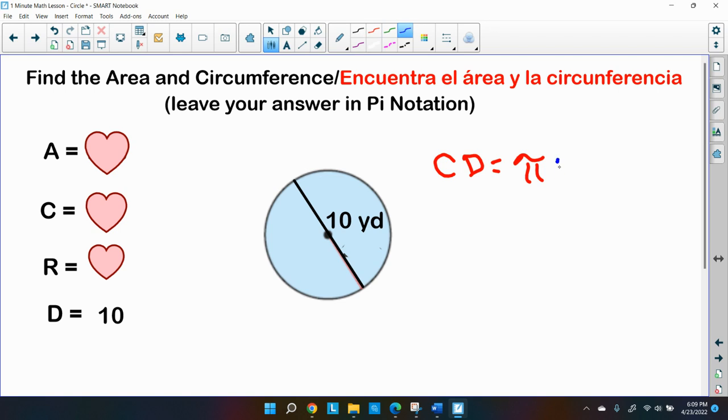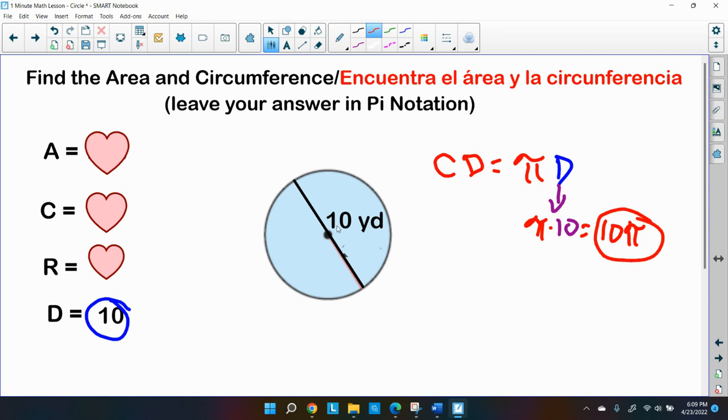So if I get the diameter, which is 10, all I got to do is put the 10 next to the pi. So my circumference will be pi 10, which is equal to 10 pi. So my circumference is CD, 10 pi. And I said, leave it in pi form. That's all I got to do.